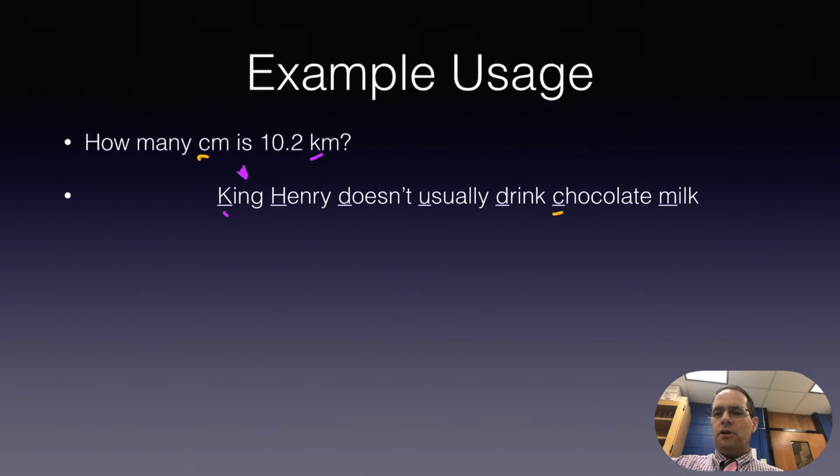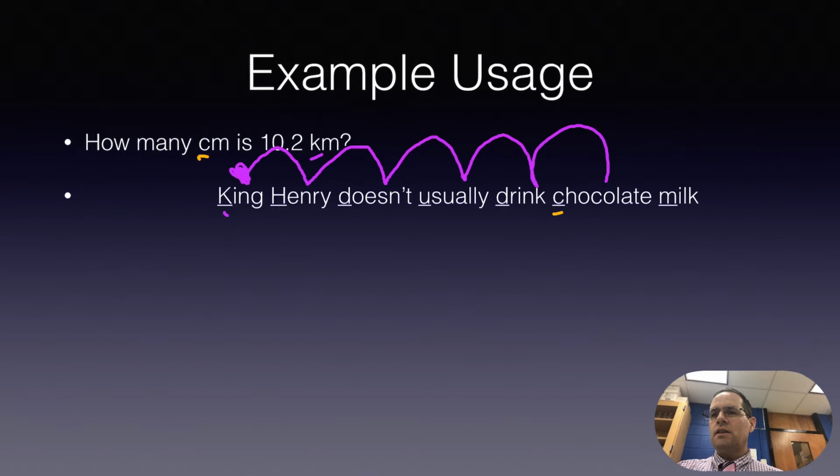So what you do is you move the bouncing ball in purple here. So you start singing the song, okay? King Henry doesn't usually drink chocolate. And you stop there. And you count how many times you moved, okay? So 1, 2, 3, 4, 5 times. And now what you do is you take the 10.2, all right?